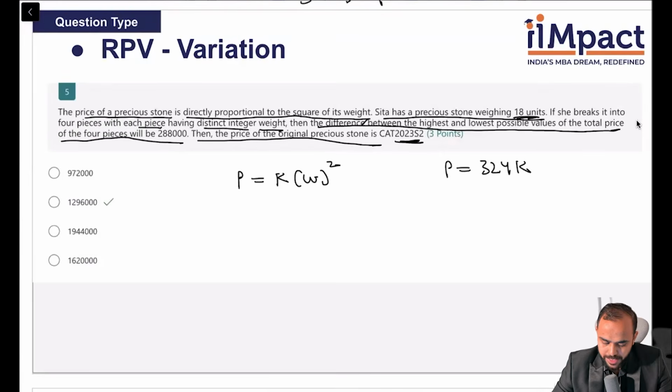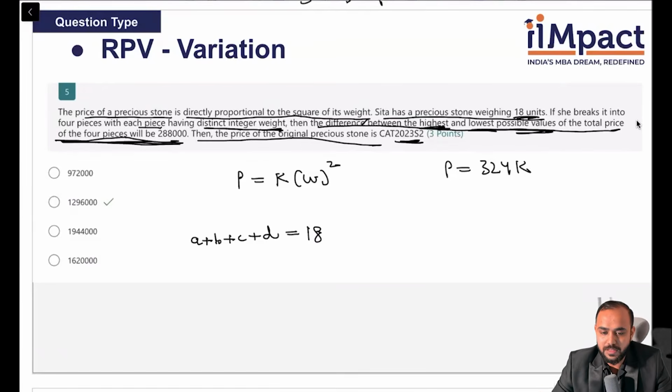Now this you will break into A plus B plus C plus D, which becomes equal to 18 units. Now all of these have distinct integer weights. And the difference between the highest and the lowest possible values of the total prices of the 4 pieces will be 288,000. Now, to increase the price, you will keep one of them to be the highest.